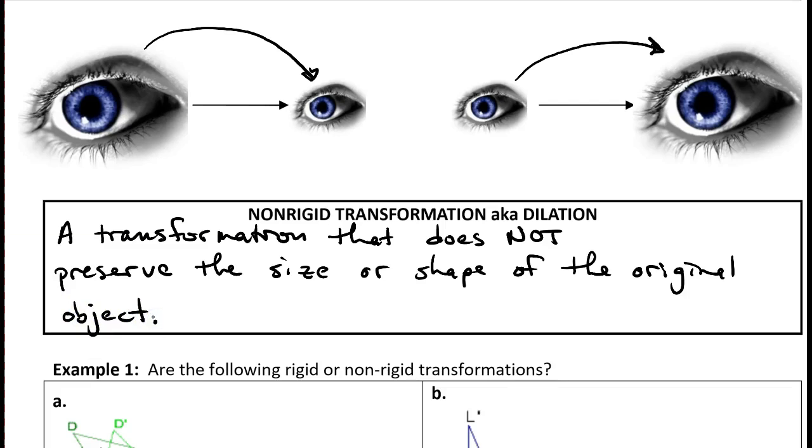Okay, so again, this eye is getting smaller, and then the small eye is getting bigger. Those are dilations.